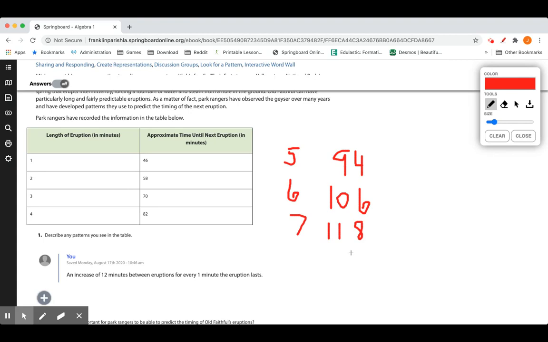Remember, 2 hours in minutes is 120 minutes, so it's going to be just a little bit over 7. 8 minutes of eruption length would be a little bit too long, since that would be 130. We needed 120, so it's between 7 and 8 minutes long eruption, and that'll tell us that we need to wait between 118 and 130 minutes, which we wanted 120. So 120 would be somewhere in between there.